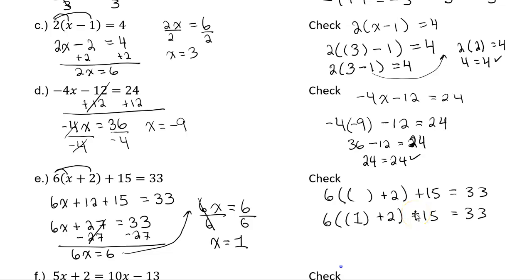Now I need to follow order of operations. So inside the parentheses, I have 1 plus 2, which is 3. So that gives me 6 times 3 plus 15 equals 33. 18 plus 15 equals 33. And then because of space, I'll just go ahead and show up here. I have 33 equals 33.